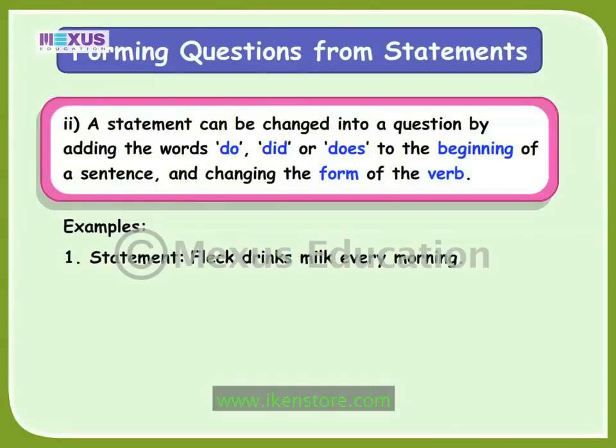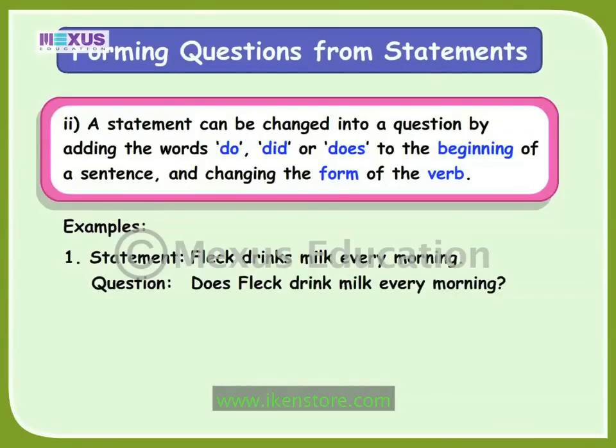This statement can be changed into a question. Does Fleck drink milk every morning? Here, we add the word does to the beginning of the sentence, change the form of the verb drinks to drink, and add a question mark at the end.